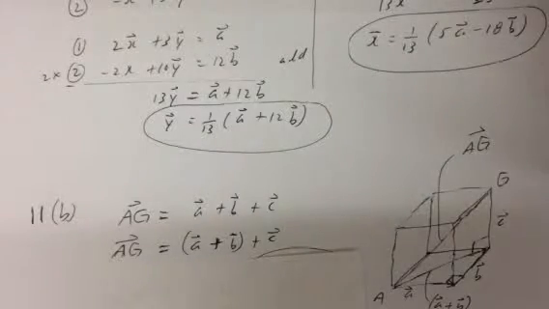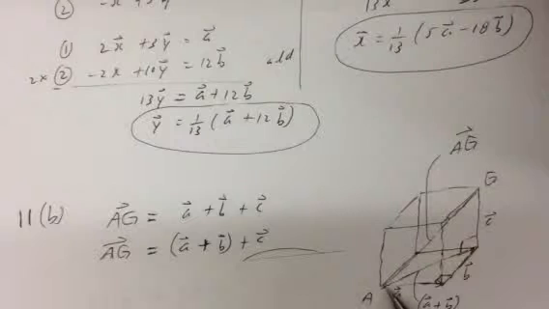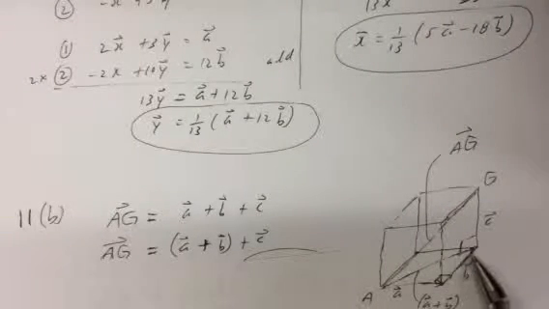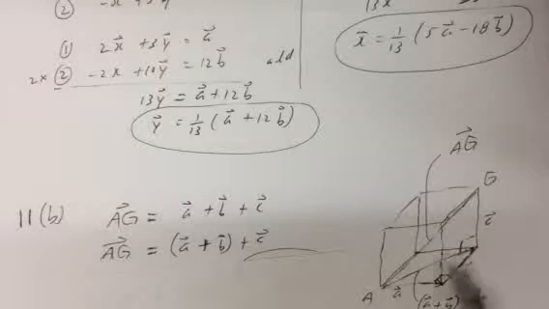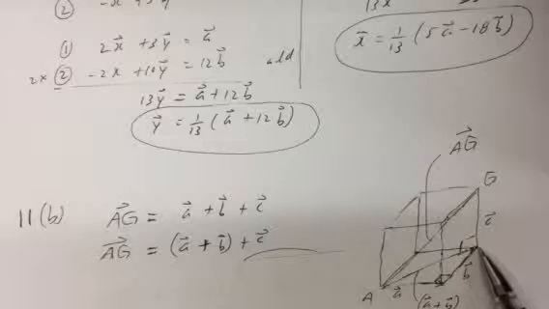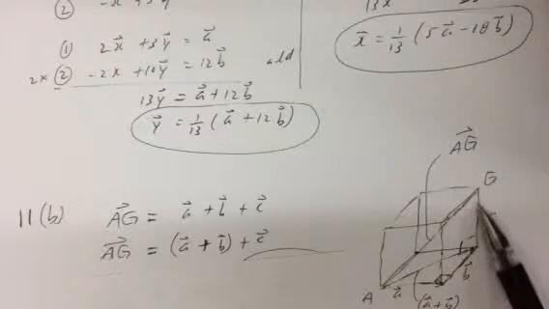Now I have two vectors. a plus b in this diagram is this diagonal across the bottom face. That diagonal is perpendicular to vector c. Okay, so if it's a cube, any vector on the bottom face is going to be perpendicular to the height of the cube, which is vector c.